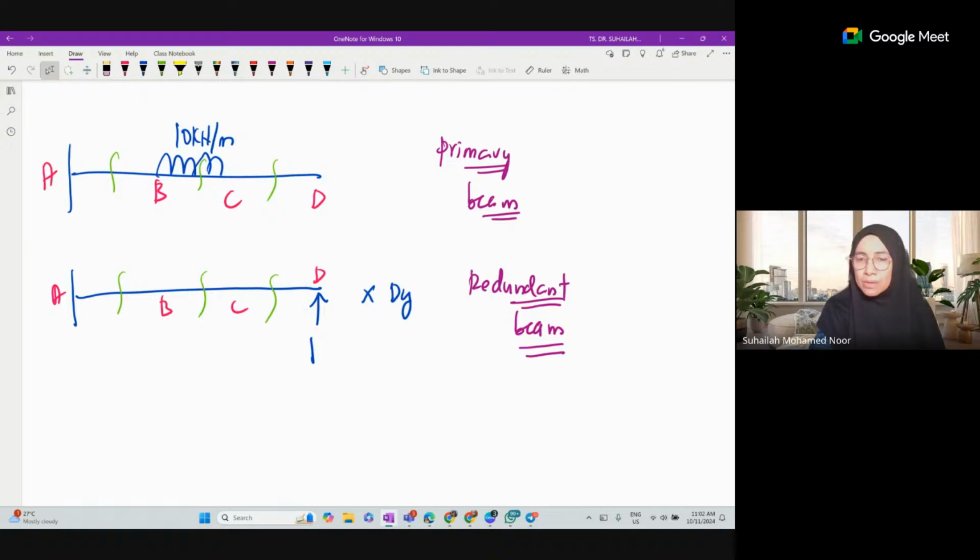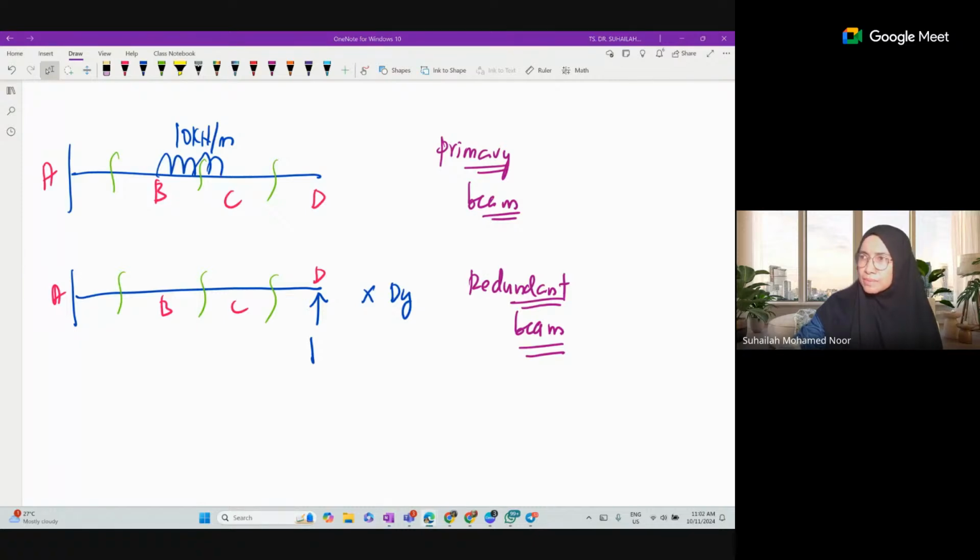When we have to analyze two systems, what is the system? Two systems with the same characteristic. Real system. So primary system is just like the real system.